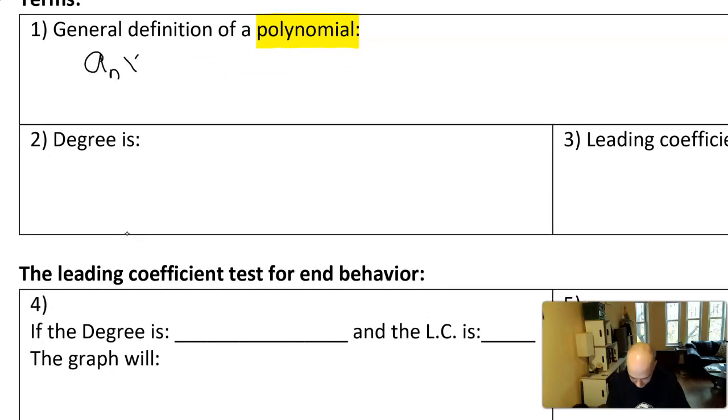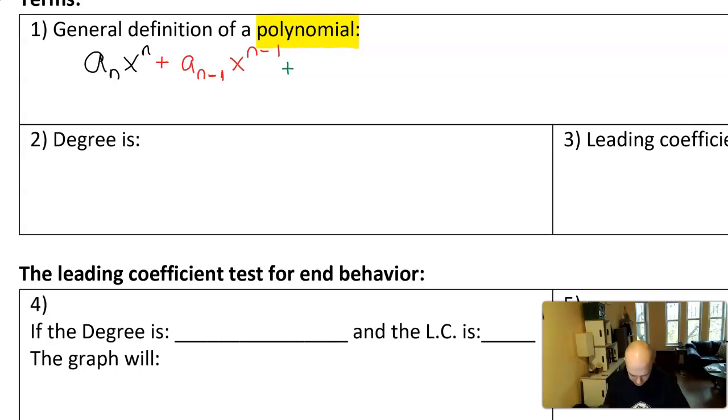a_n x to the n, that's the first term, plus the next term we call a_(n-1) x to the n minus 1. So the a_n's and a_(n-1)'s are the coefficients, the x is the variable x, and the n's and n minus 1's themselves are the exponents. The pieces with the a, those are just subscripts that say that this a goes with that x.